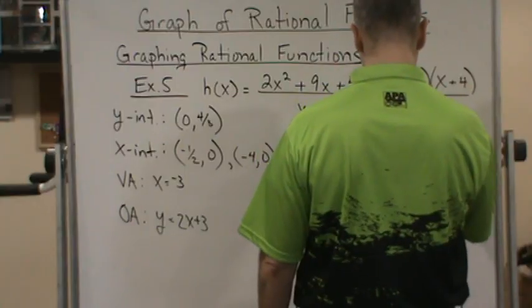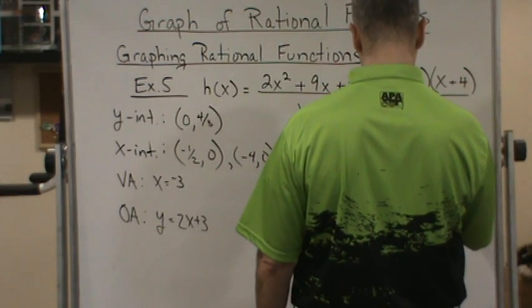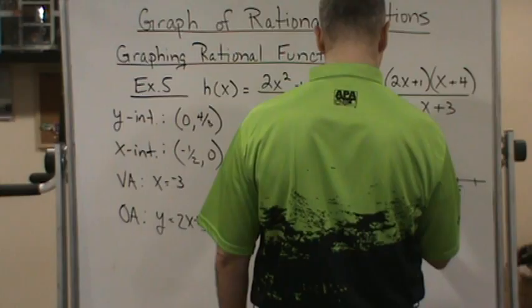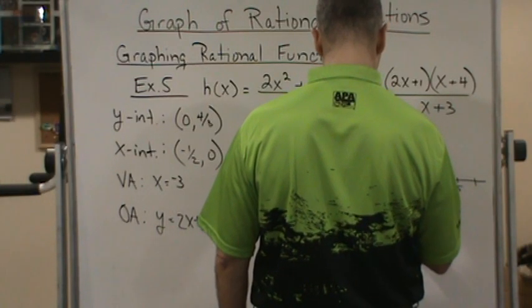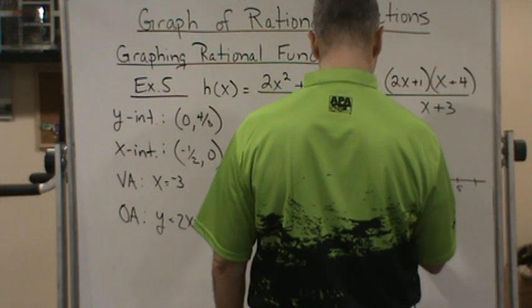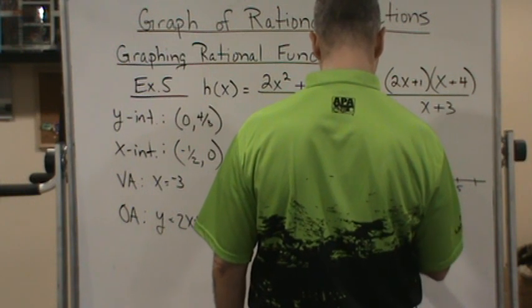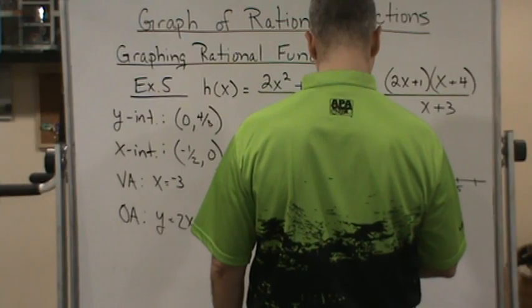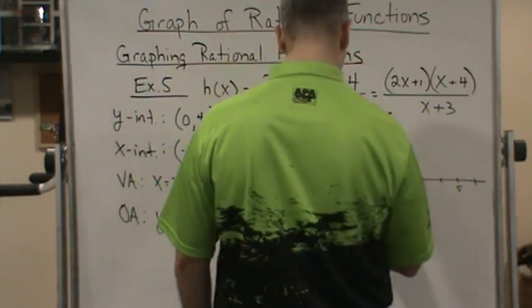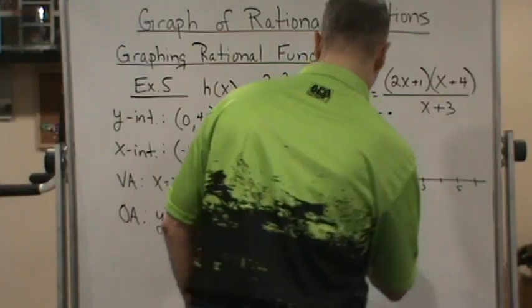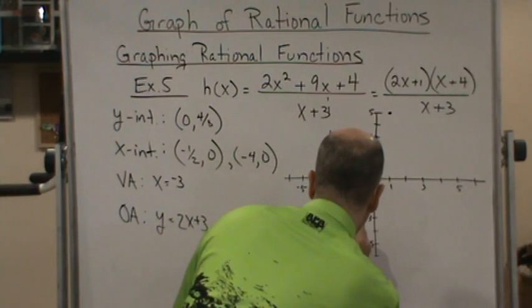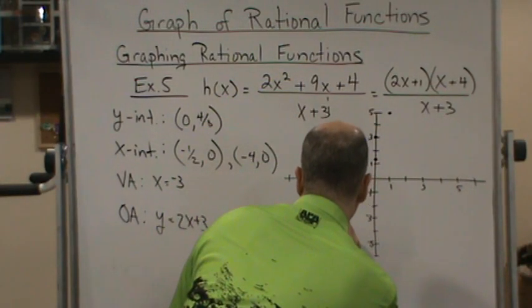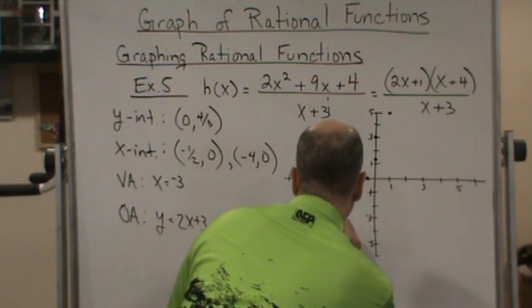So let me just plot a couple of points here. So there, and that's going to go down to the right. Oops, hold on. Right there. Okay, and then it's going to go to negative 3 here, right about there.